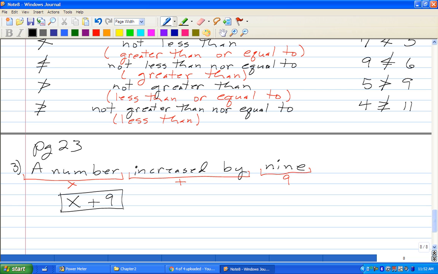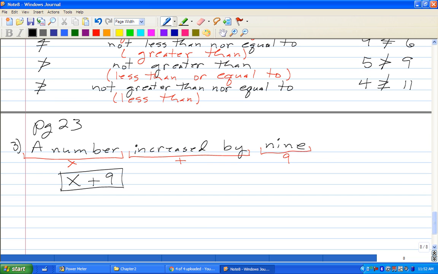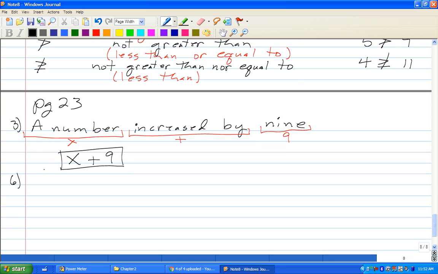Let me do problem 6. 9 times a number added to 7. So let me translate this.